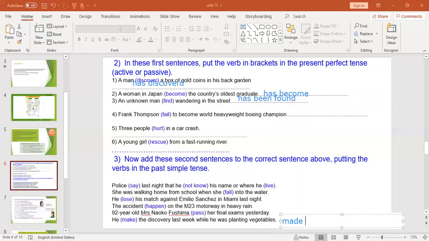If we move now to the second sentence, a woman in Japan has become the country's oldest graduate.